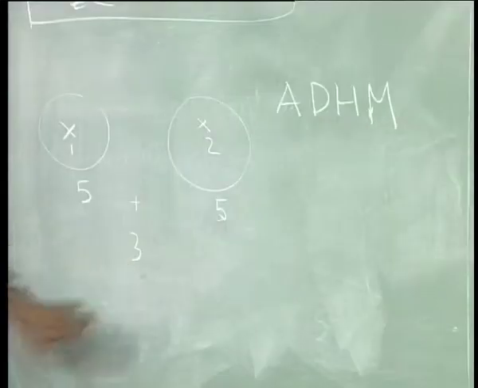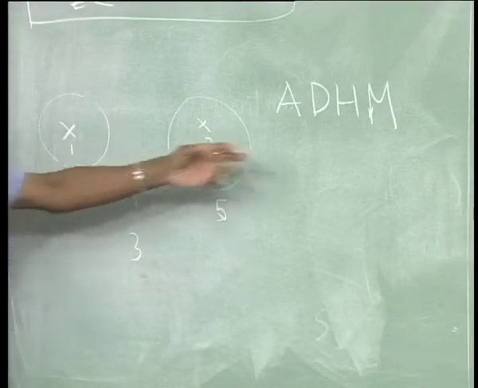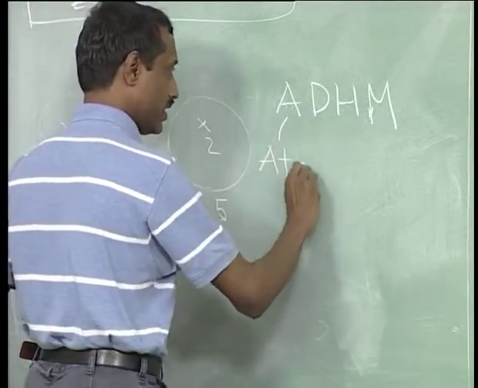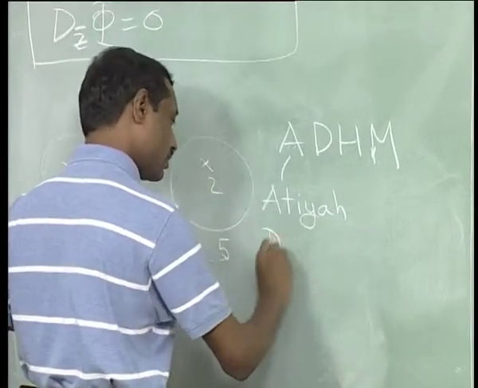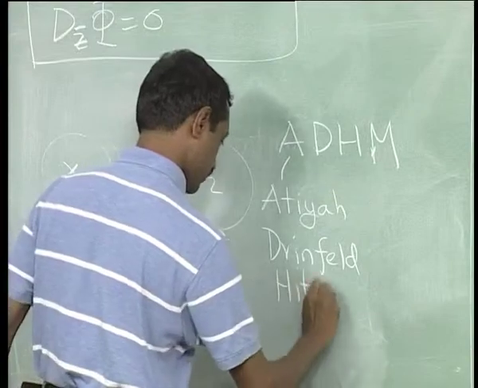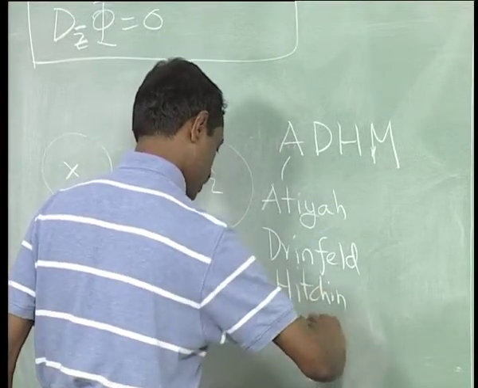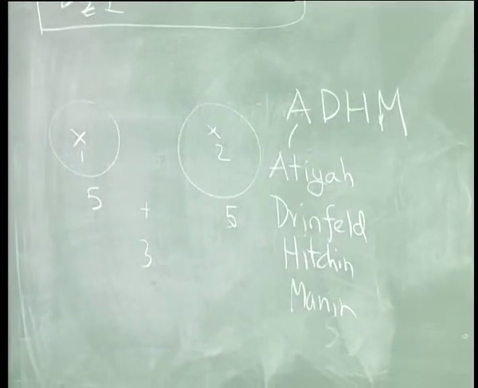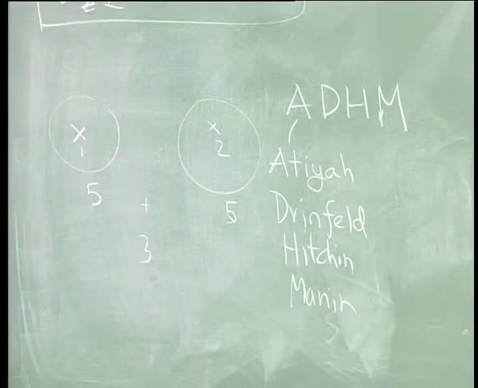There might be a reduction which might come, and so these 4 authors there. So for once I will give their names: Michael Atiyah, Drinfeld, Hitchin, and Manin. So 2 Russian and 2 English or British authors.